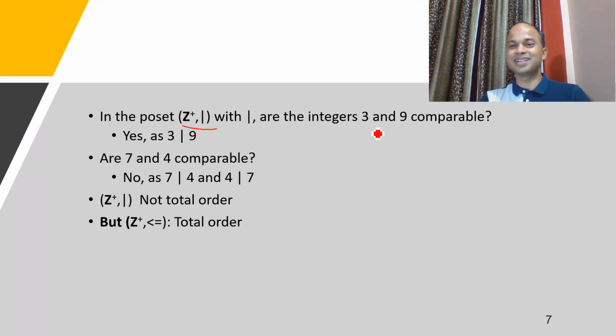So we can say that 9 is divisible by 3. So 3 and 9 are comparable here. But when we talk about elements 7 and 4, then 7 is not divisible by 4. So therefore we can say that 7 and 4 are not comparable. I mean 7 and 4 are incomparable.